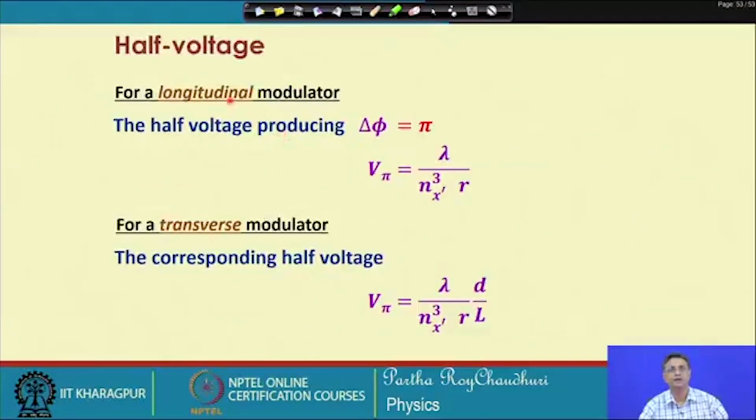If we put delta phi equal to pi, this gives you the half wave voltage, which is equal to this, depending on the new refractive index property. For the transverse modulator, the corresponding half wave voltage will be this. So, these are the voltages required to switch the modulator from state 1 to state 0 or vice versa, depending on the convention chosen for switching the modulator.